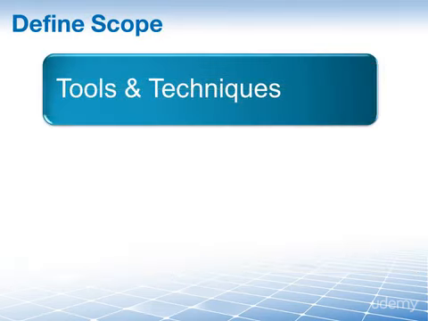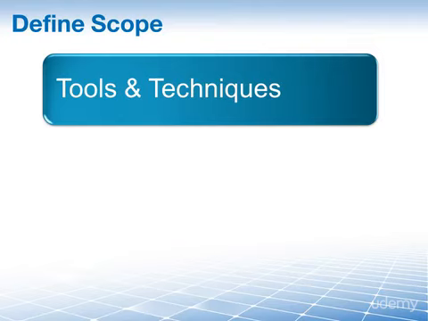As we are moving on to the tools and techniques of this process, let us just remind ourselves that our 4 inputs, the scope management plan, the project charter, the requirements documentation, and the few organizational process assets we just discussed, all center around our scope and help us to define it.